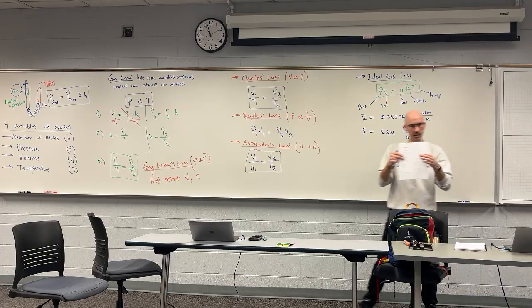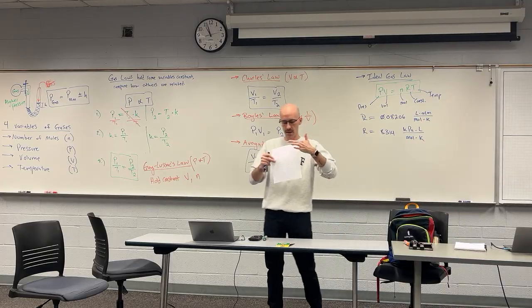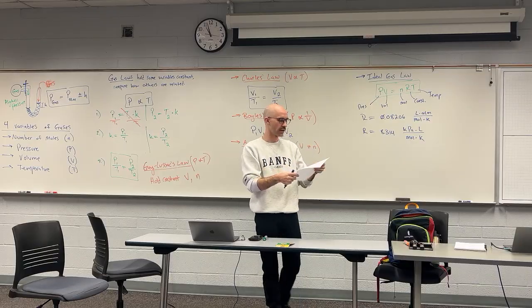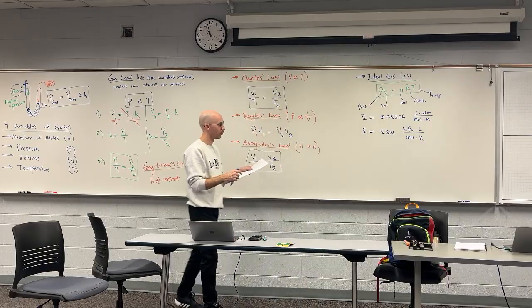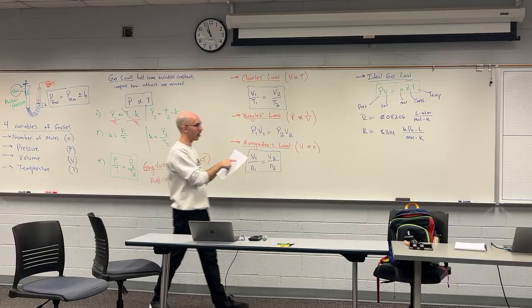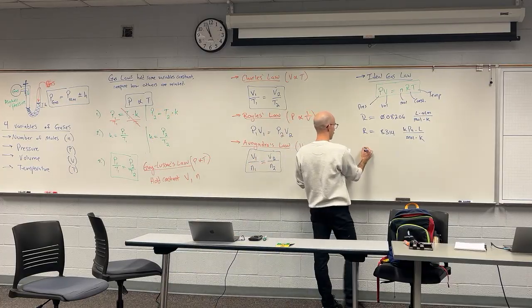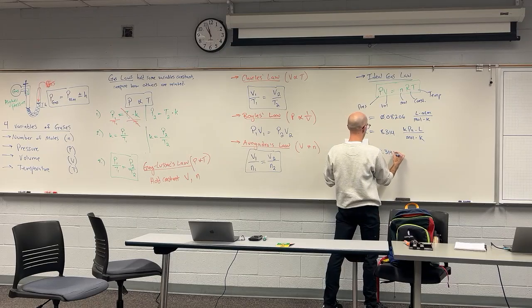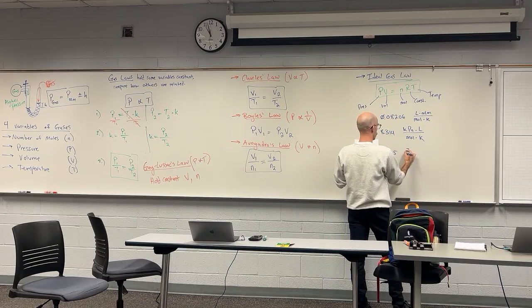On your equations sheet for the final exam, up on this top right-hand side, you've got this ratio. It says R1 over R2. Actually, just above that, you'll see that R can also be written as 8.3145 joules per mole Kelvin.